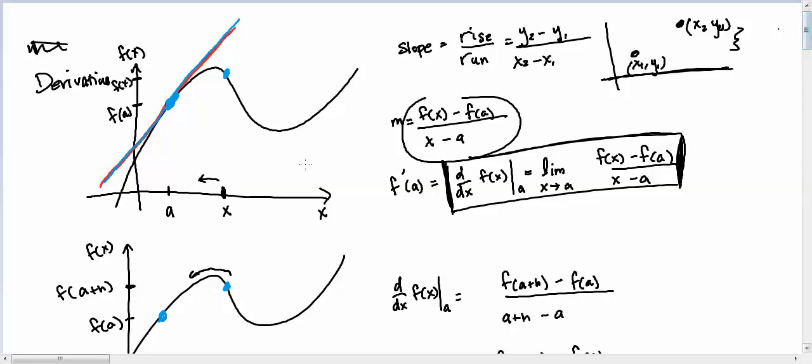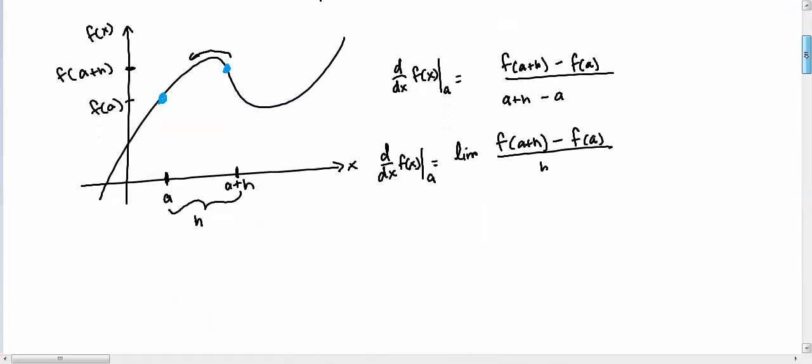I'm talking about this distance between the second bead and the first bead getting so small that it effectively becomes nothing. Zero. All right, the limit as h goes to 0.